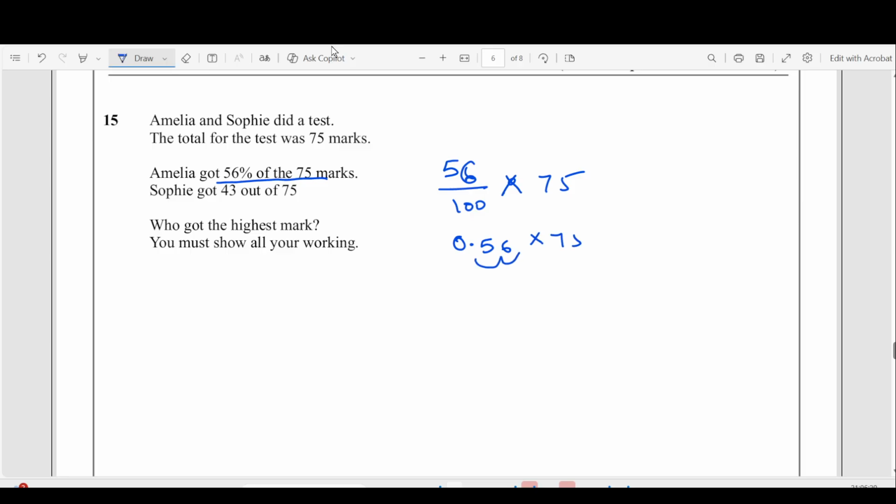We times it with 75, which is 42.00. So 42 we can just say. Then to compare the marks, Amelia's mark is 42 and Sophie's mark is 43, so Sophie's mark is higher. Amelia got 42 and Sophie got 43.